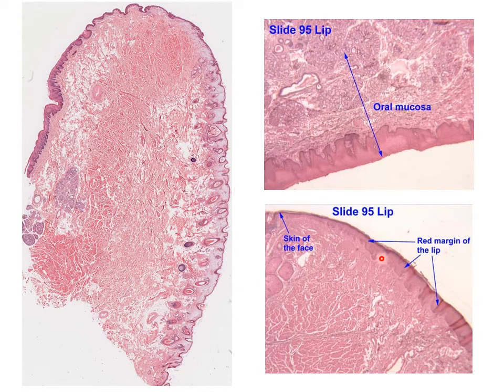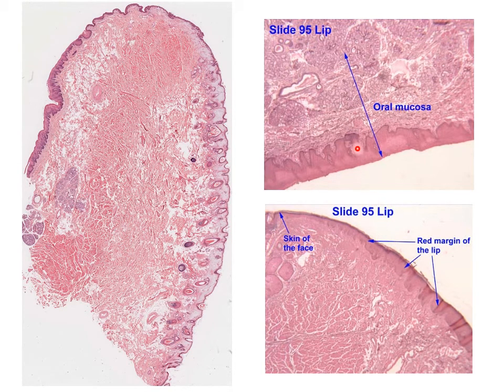What's interesting there? The papillae contain blood vessel loops. The blood vessel loops are close to the surface of the epithelium, and it makes the red or pink color of our lips.